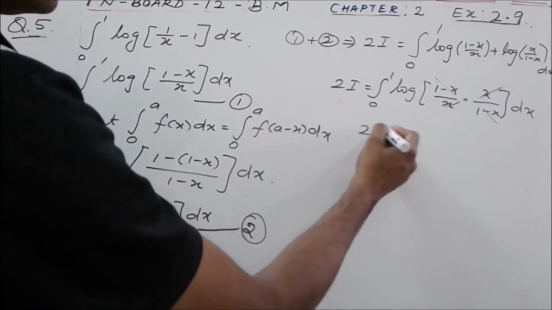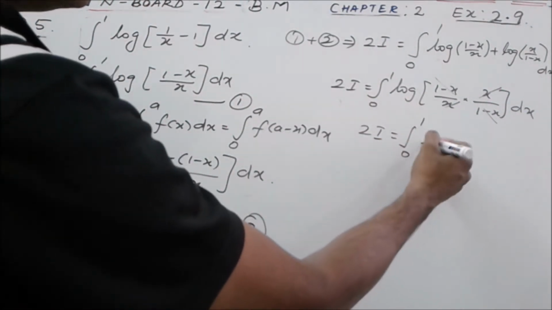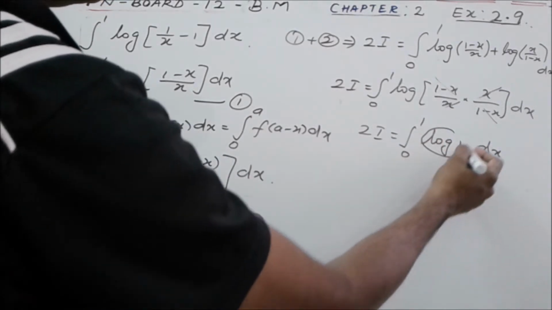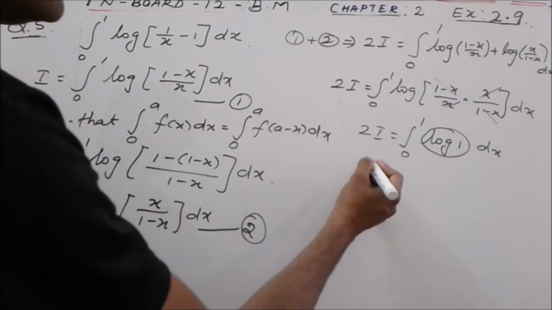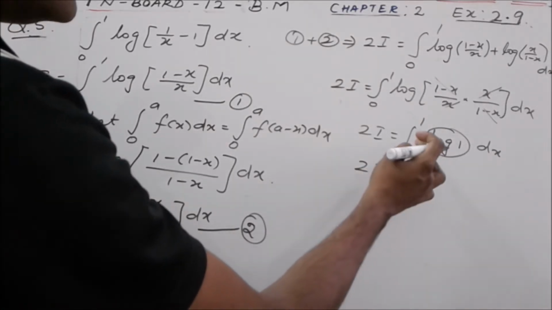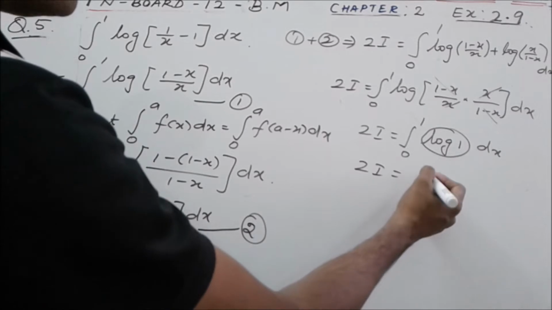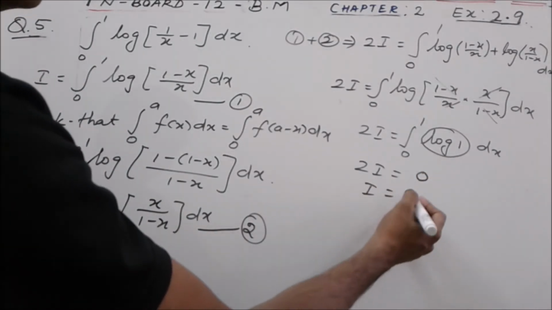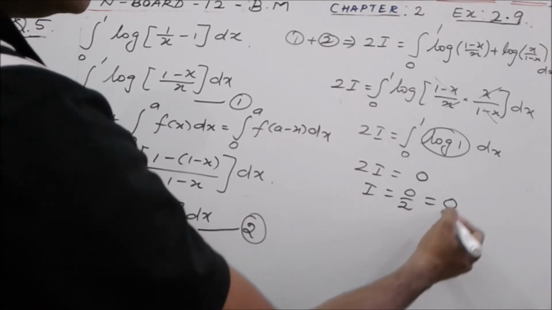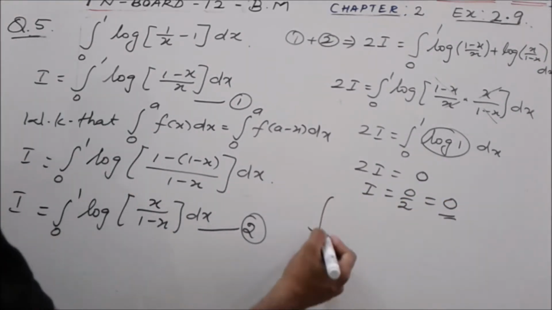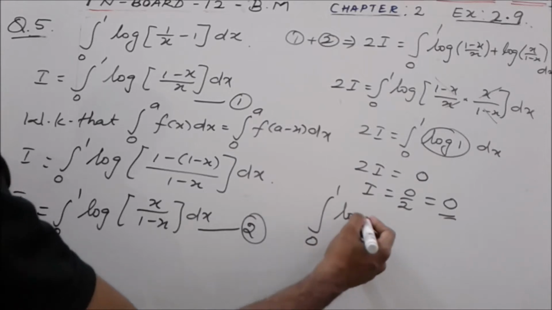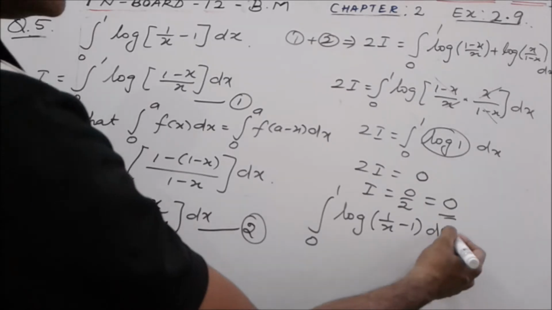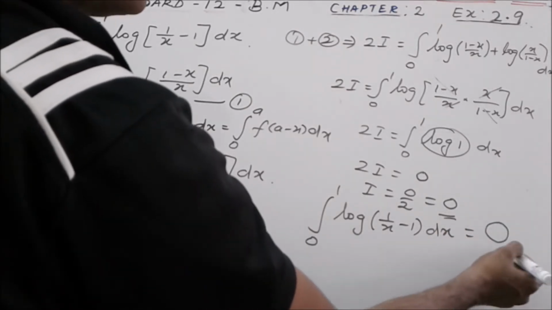Remaining are 2I equal to integral 0 to 1 log 1 into dx. Log 1 value becomes 0. So 2I equal to integral 0 to 1, 0 into dx, that is equal to 0. So I equal to 0 by 2 equal to 0. Therefore integral 0 to 1 log of (1 by x minus 1) into dx equal to 0.